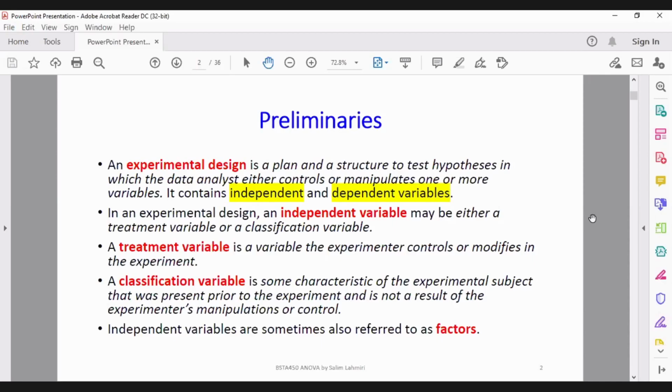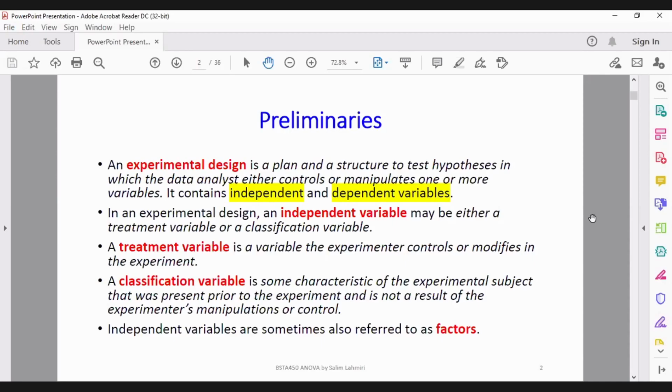So a treatment variable is also a variable the experimenter controls or modifies in the experiment. So this is also another terminology where the treatment variable is variable which is controlled or modified during the experiments.